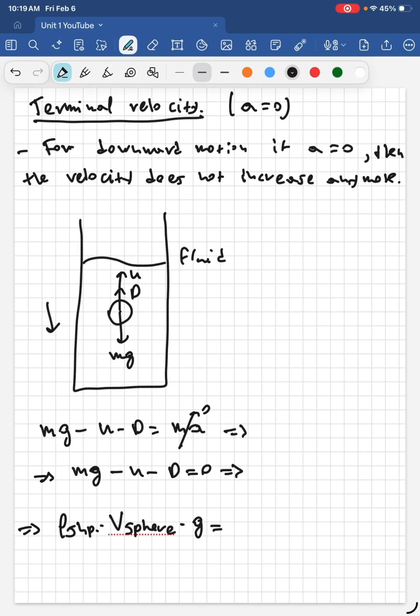Okay, this becomes equal to the upthrust, which is equal to the density of the fluid times V of sphere again, because this is the displaced liquid, times the displaced volume, I'm sorry, times g, and then plus Stokes force, 6 pi r eta and v. Okay, and this is the v we want to find because v is now terminal.